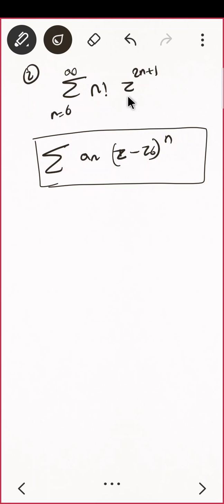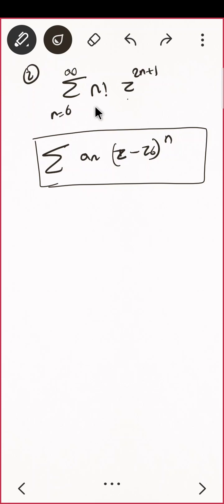Do you see z raised to 2n plus 1? This is actually a subsequence of this z raised to n. Correct? See en and e2n plus 1. What do you see as the relation? e2n plus 1 is a subsequence of en. So it is better to find the radius of convergence of this one. That is also okay.